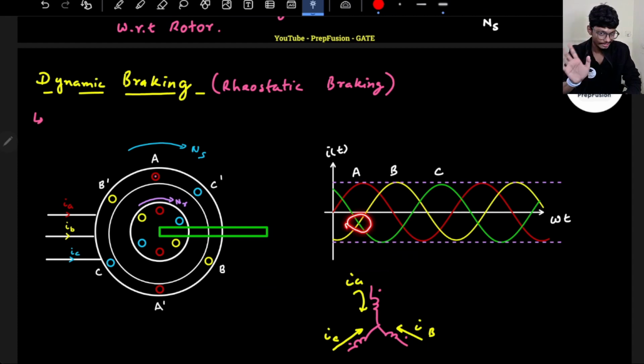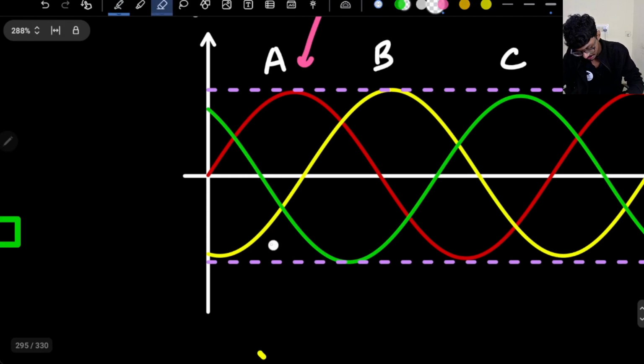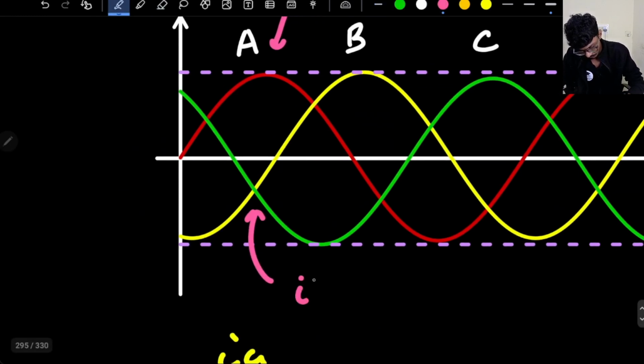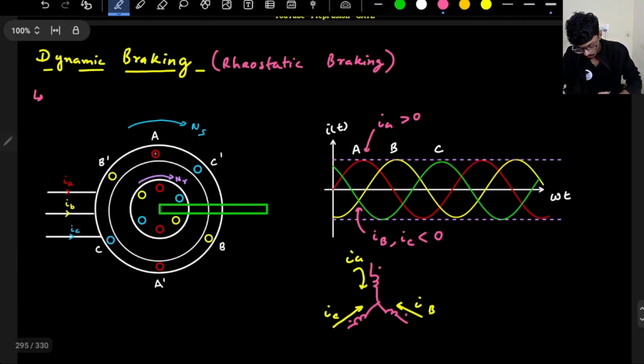I'm currently not discussing the magnitude. I'm just telling you that at this point my IA is positive, and at the same omega t, my IB and IC are negative. So what will happen to B?